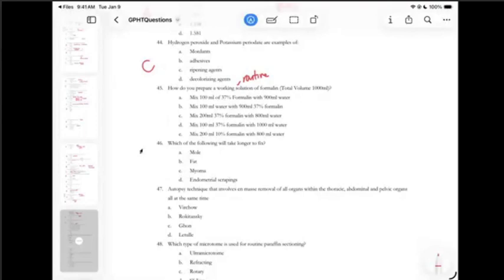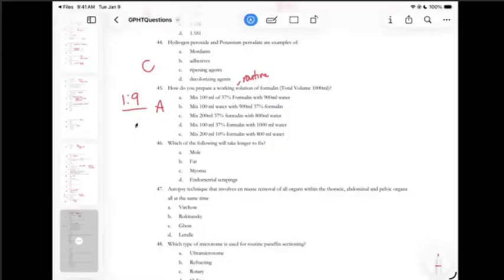So we have to dilute it by mixing 1 part of the stock solution to 9 parts of distilled water. That's our ratio, 1:9. If the total volume is 1,000, the best answer if we follow the 1:9 ratio is letter A. So number 45, that's letter A.